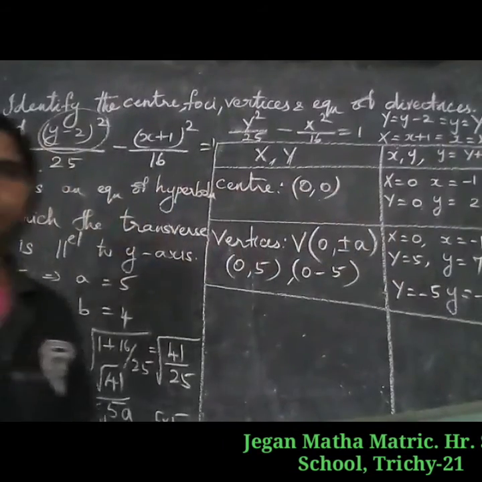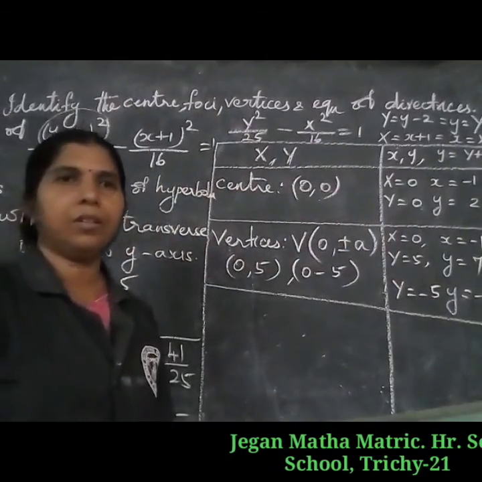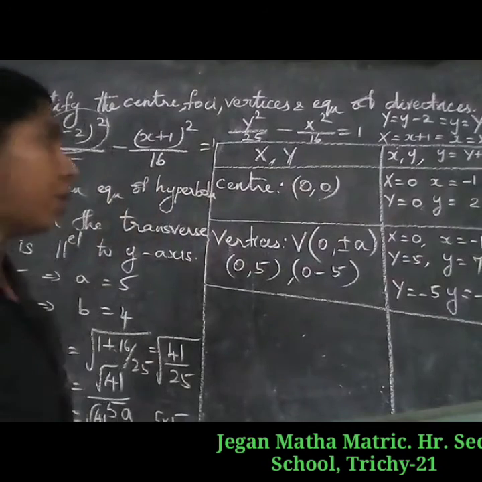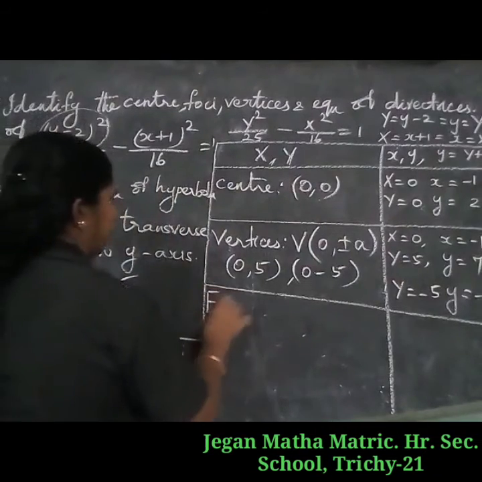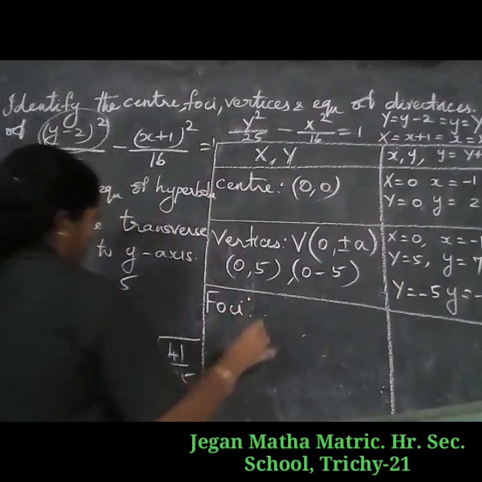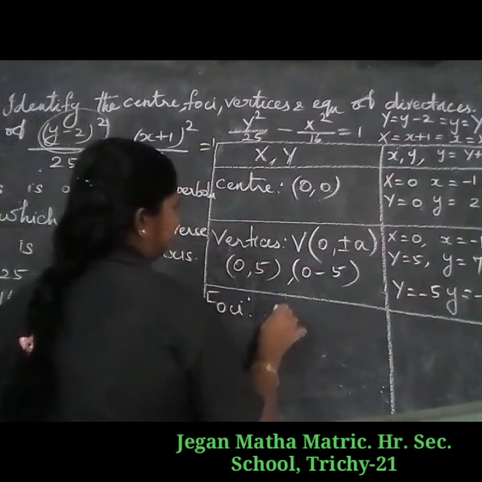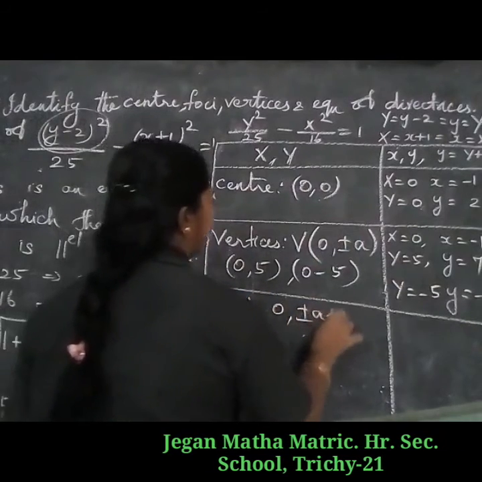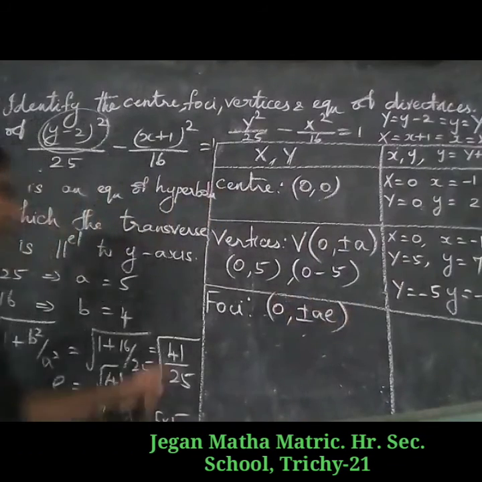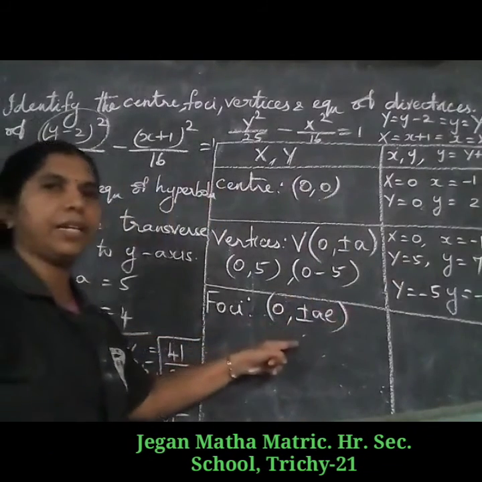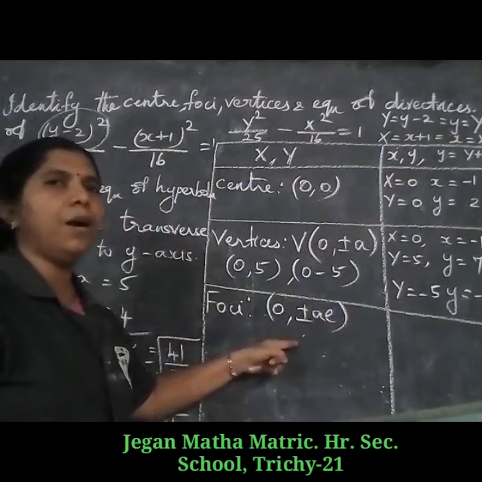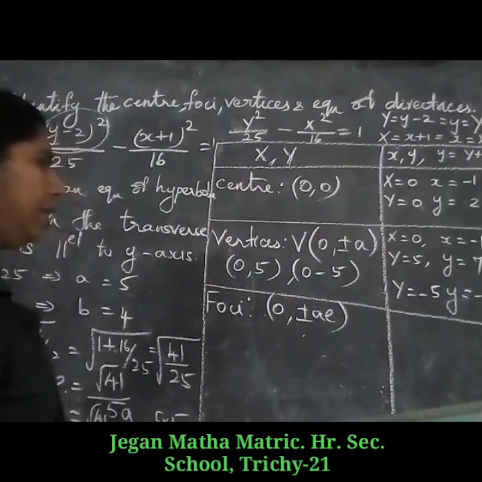The next one, we have to find out the focus. Focus point is 0, plus or minus ae. Here also, since it lies on the y axis, we are writing the formula 0, plus or minus ae.